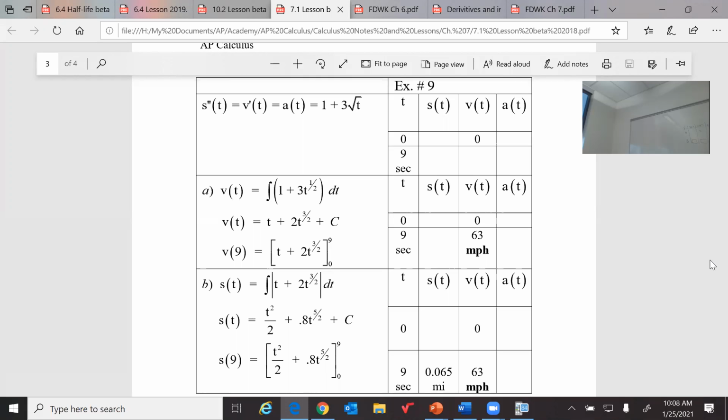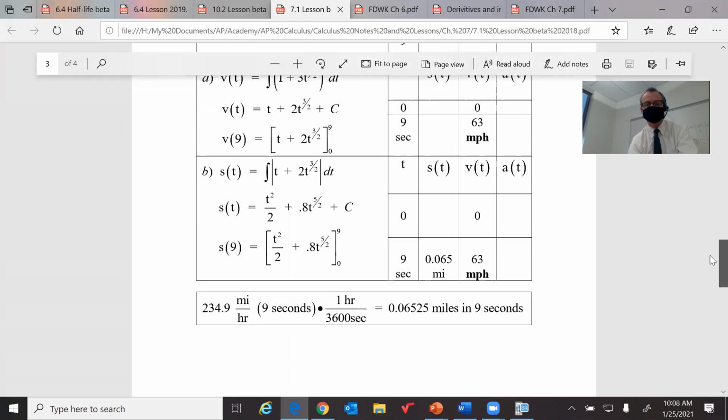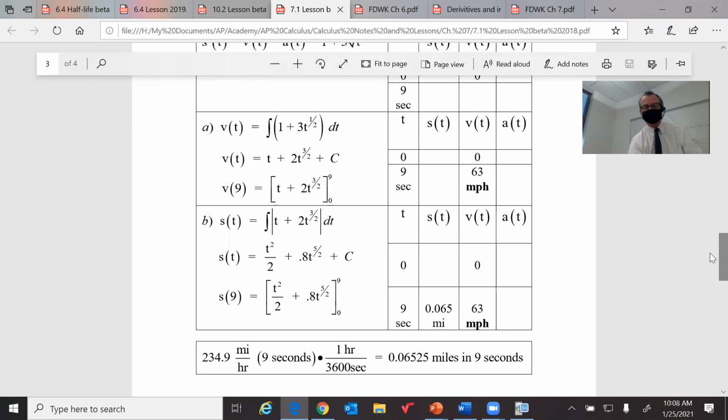Then what? Power rule in reverse. We would get the area under there is 234.9. But that's how far it would have traveled in 9 hours.